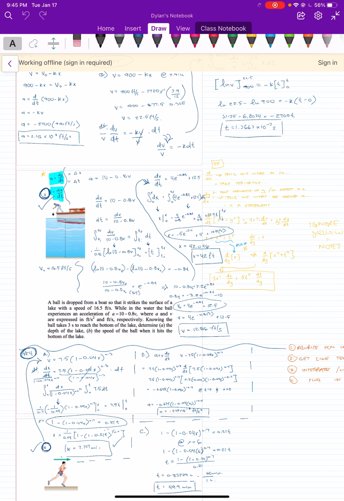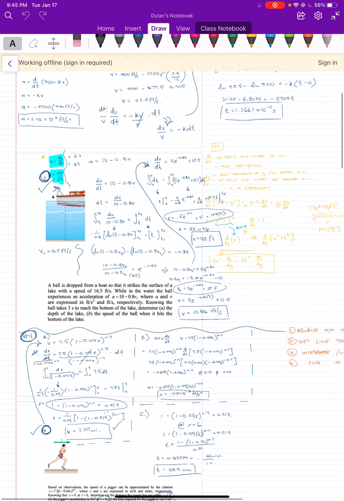Moving on to number 3, it gave us the acceleration function, and we know that that is the derivative of the velocity function. So again, I manipulated the equation there on the second line to dv over dt, which is the definition of acceleration.